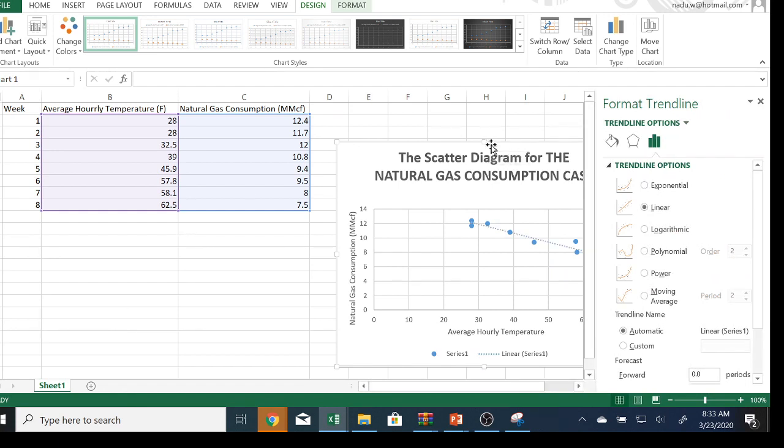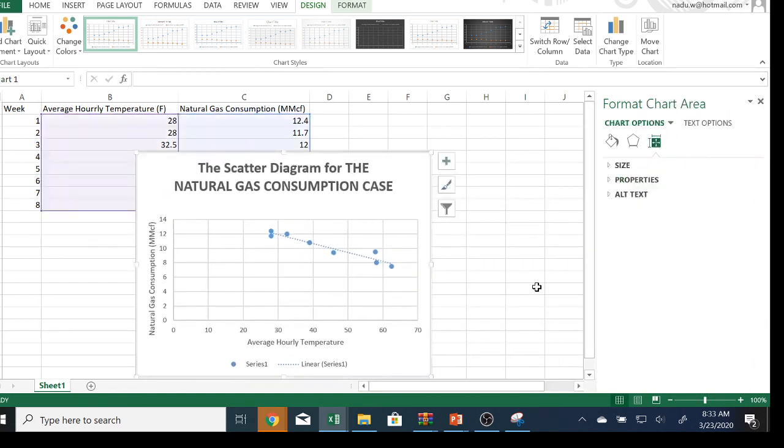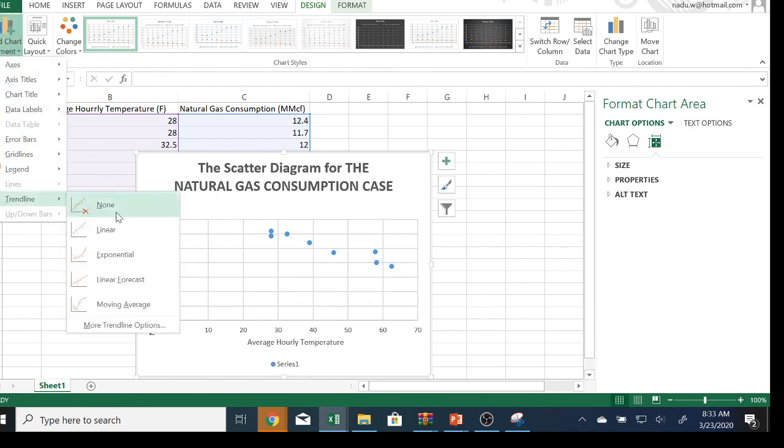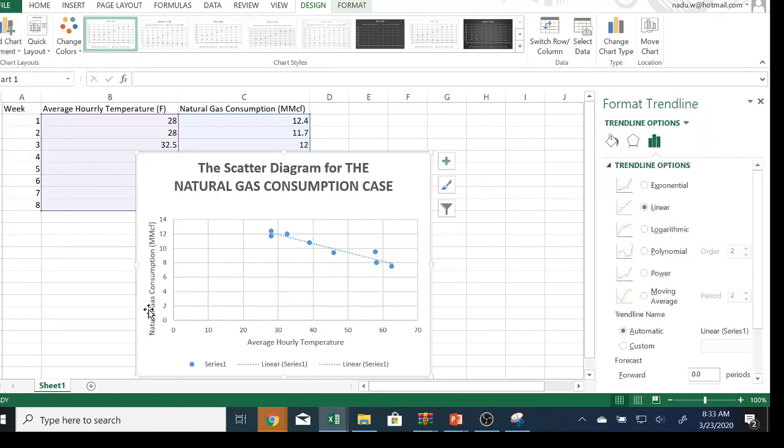So here, we are going to assume that there is a linear relationship. We are not going to assume about exponential kind of a relationship, but a linear relationship. So here, choose linear. So when you choose linear, you get the line here.